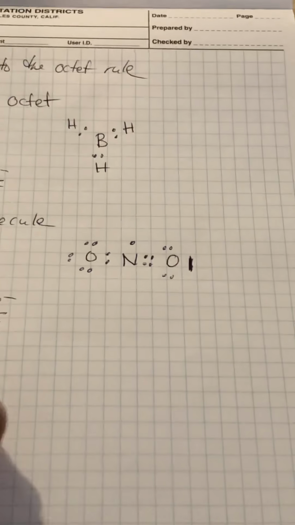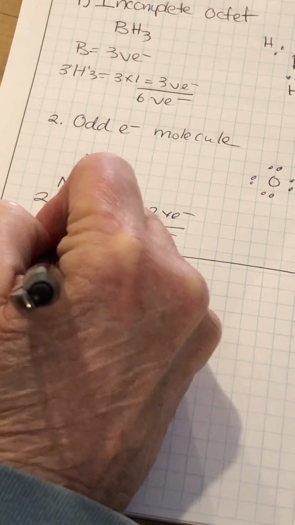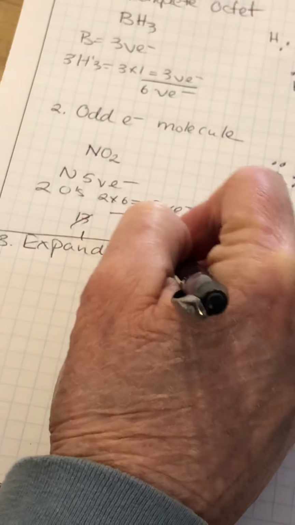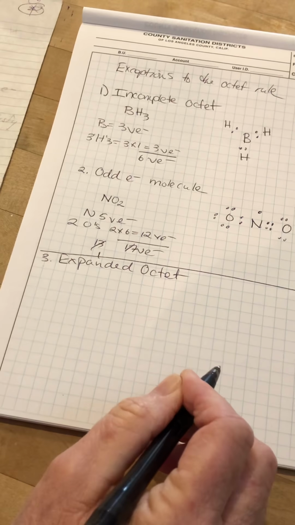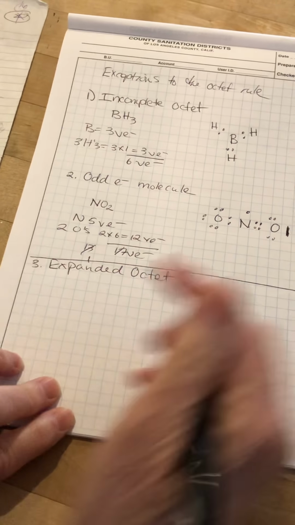And the very last one is called an expanded octet. Expanded octets work in elements that have d orbitals.